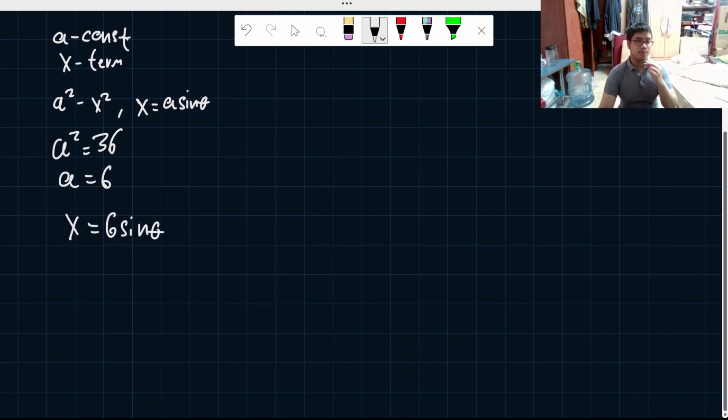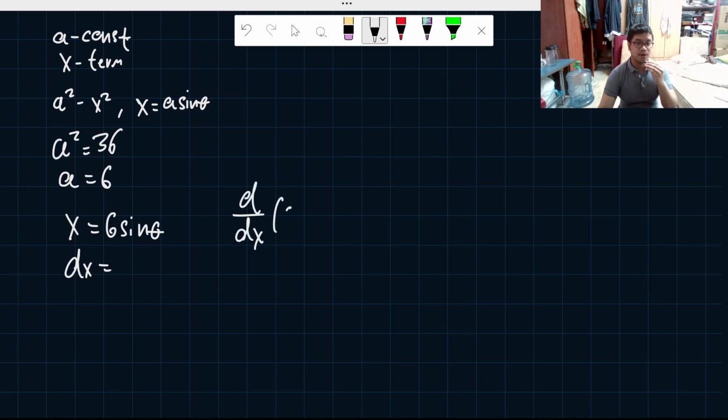Now, after we substitute 6 as our a and having x as 6 sine theta, what we will do is get the derivative of x. So what is the derivative of 6 sine theta? Recall that the derivative of sine x is cosine x.